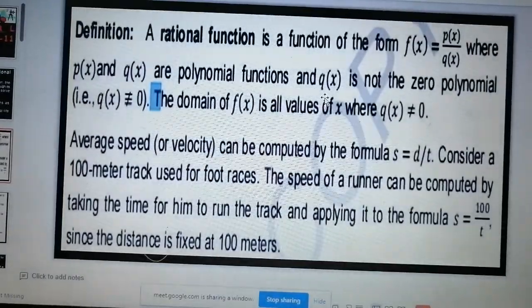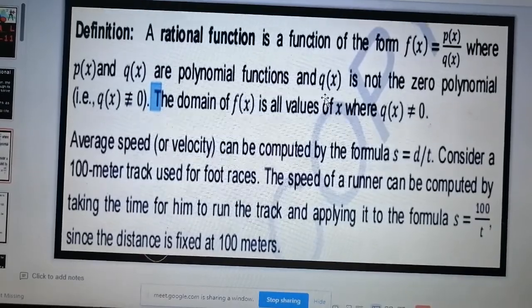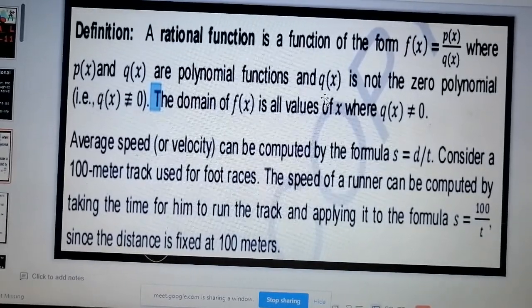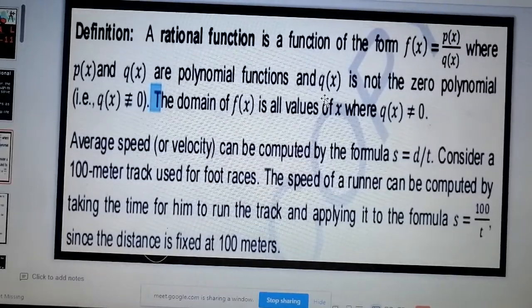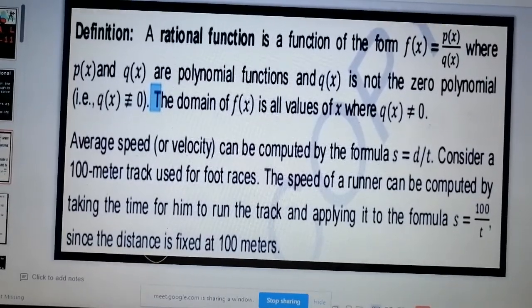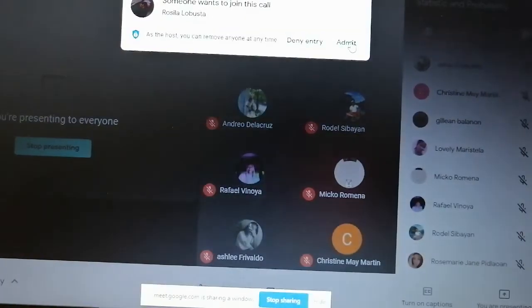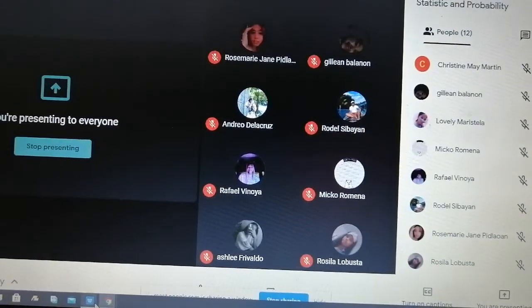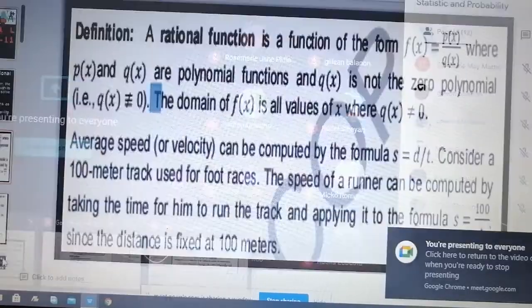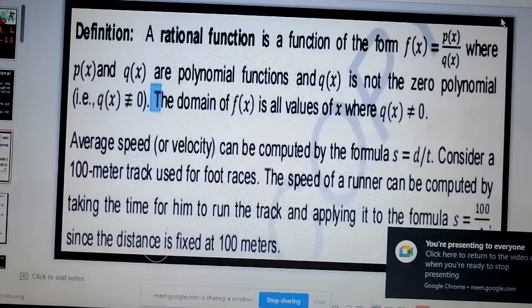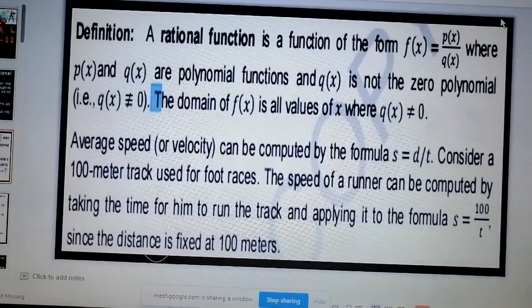Okay, we have, where p(x) and q(x) are polynomial functions and q(x) is not the zero polynomial.